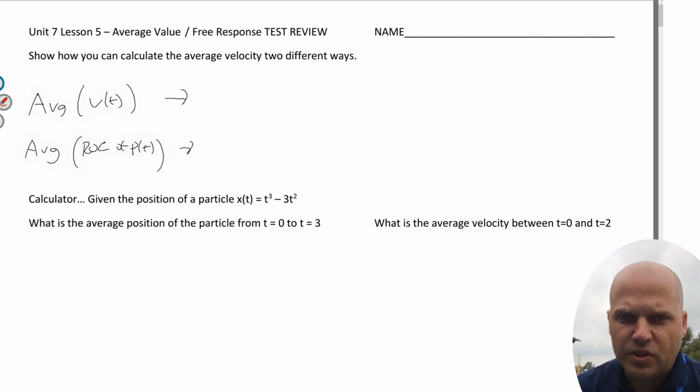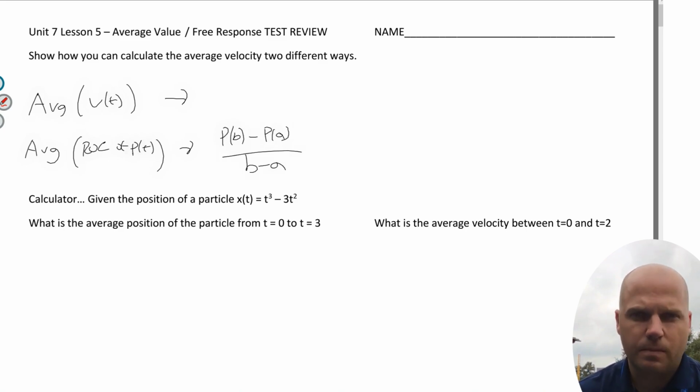We know the rate of change of position would just be like subtract your positions divided by the time interval in which you're traveling in that position.